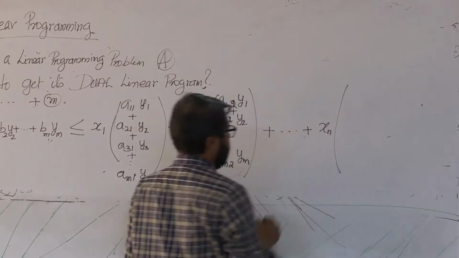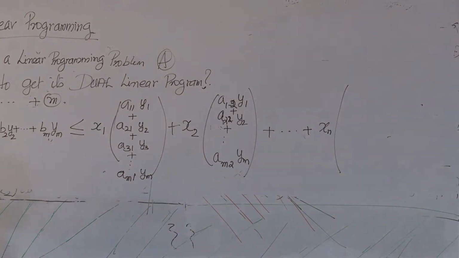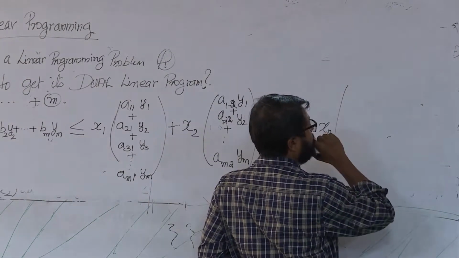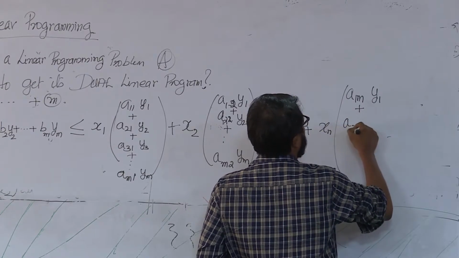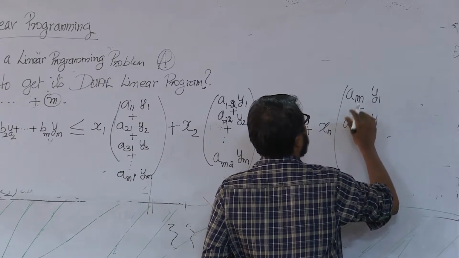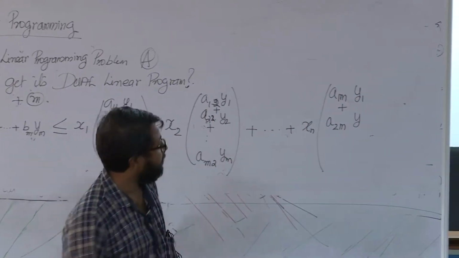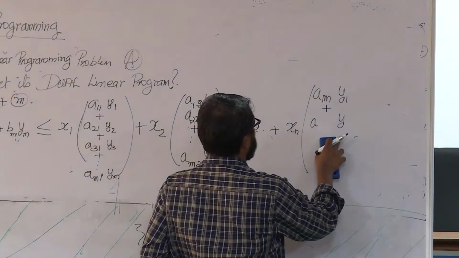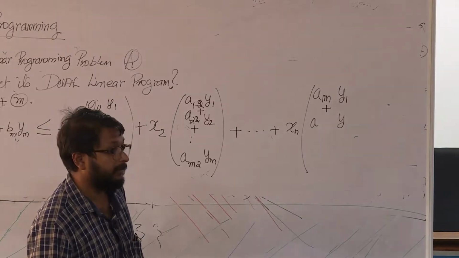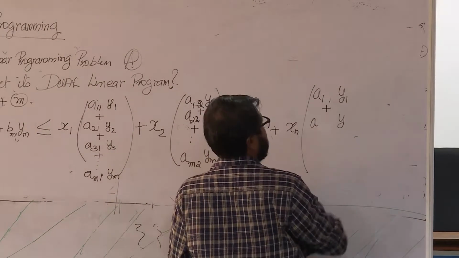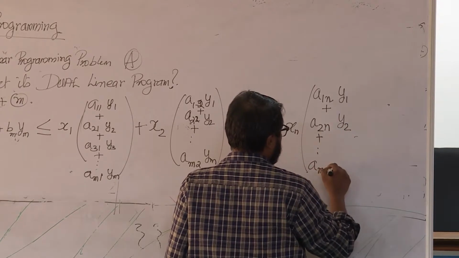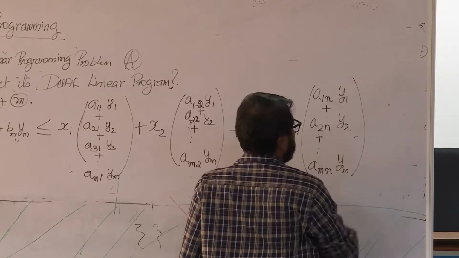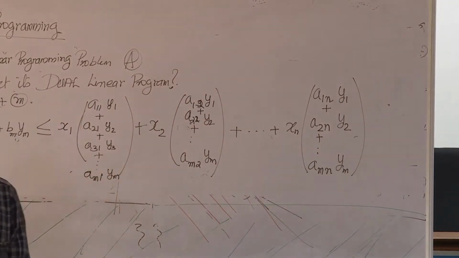Plus xn times a1n y1 plus a2n y2 plus up to amn ym. This is what this is.